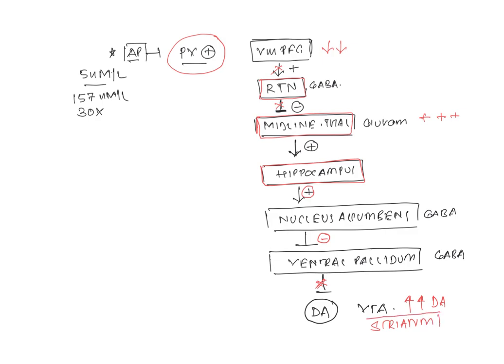And as we all know, an increase in the dopamine in the striatum is going to increase the psychomotor activity as well as arousal, right? And that is how allopregnanolone actually plays an important role in increasing the release of dopamine.